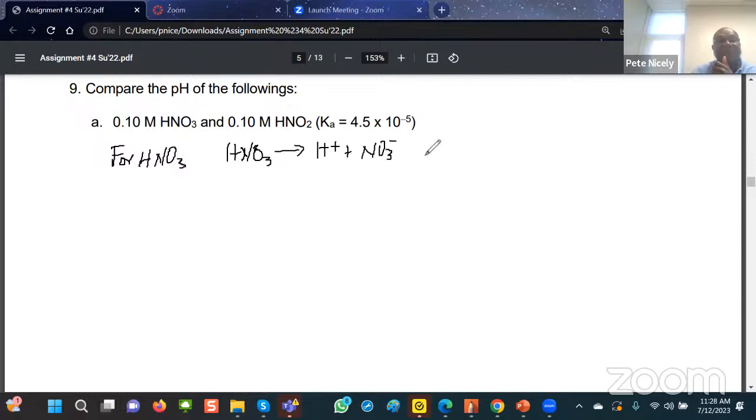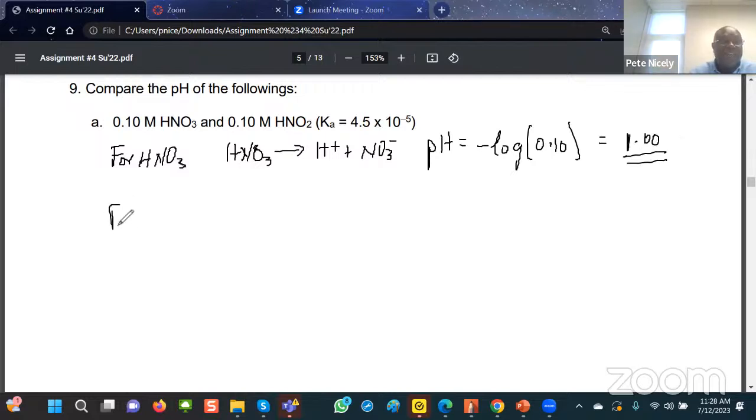Which means it's a 1-to-1, as you said, so pH in this case would be equal to minus log of 0.10, which is equal to 1.00. That will be the pH of that solution. All right.